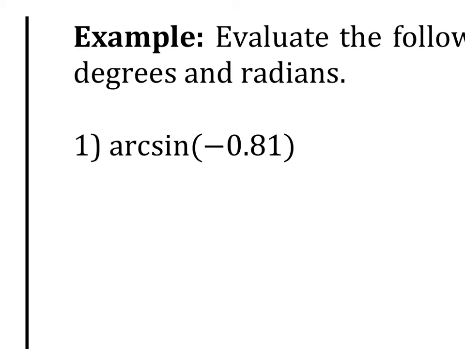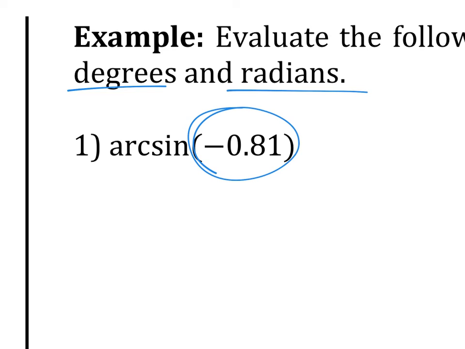Okay, so first, arc sine negative 0.81. So what is this? A value or an angle? Value. Okay, so then you want your answer in degrees and radian. So let's do degrees first. You just want to change the mode to degrees in your calculator.